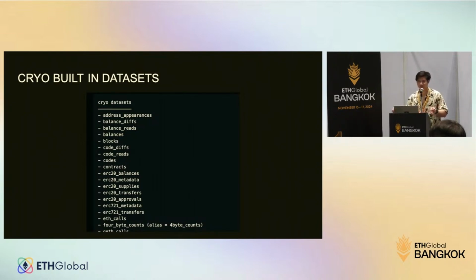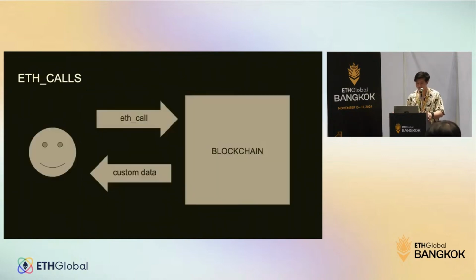I'm focusing on ETH calls in particular because this allows you to create bespoke datasets. When I say bespoke datasets, I mean datasets that are not specific to the chain, but rather are stored in arbitrary state. For example, the price of ETH against USDC on a Uniswap V2 pool.